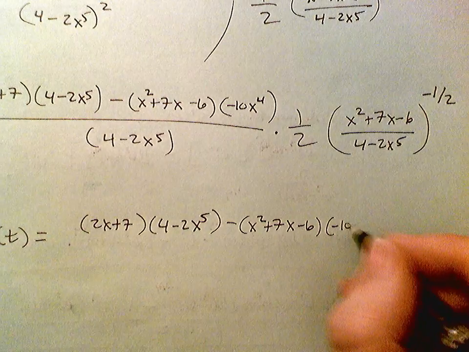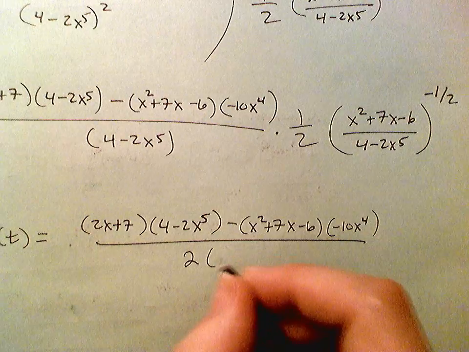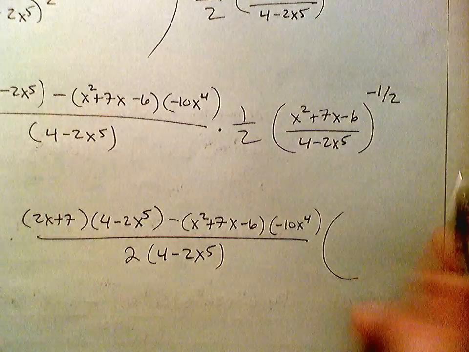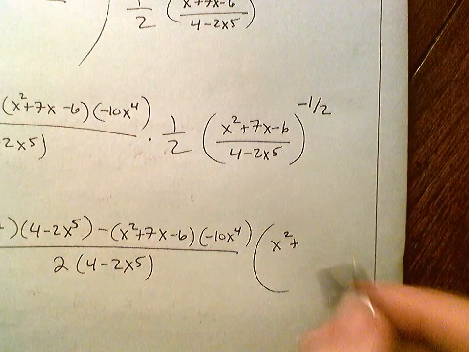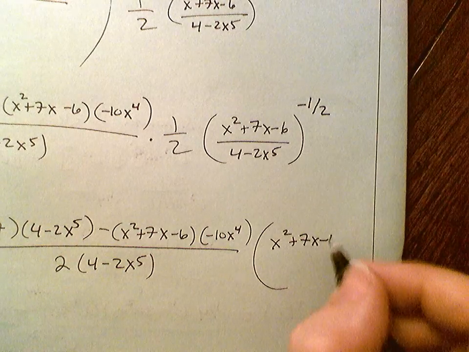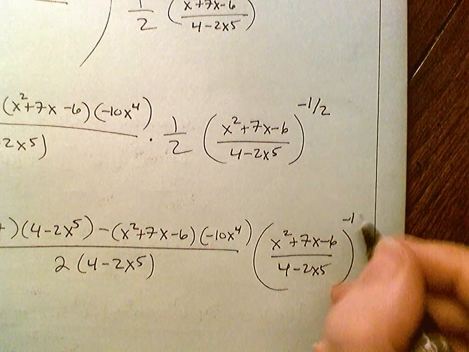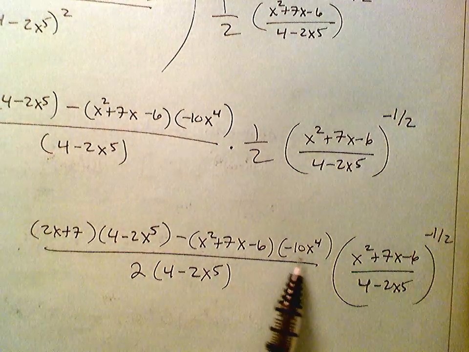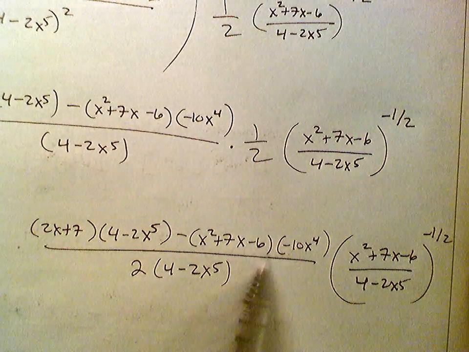Okay, negative 10x to the 4th over 2 times 4 minus 2x to the 5th, times x to the 2nd plus 7x minus 6 over 4 minus 2x to the 5th, to the negative 1/2. And this would look even better for me, guys, if this was plus 10x to the 4th times that trinomial. Not a big deal.